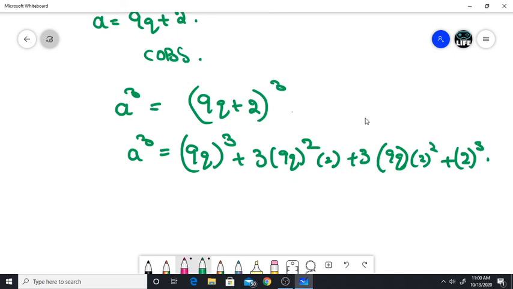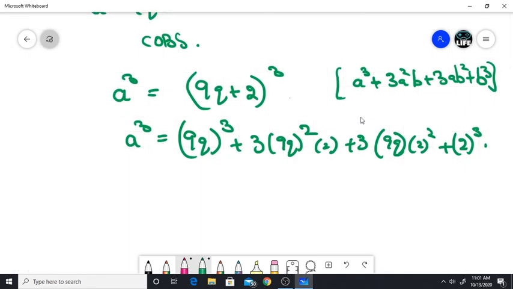It is nothing but a cube plus 3a square b plus 3ab square plus b cube. That's it. It is very simple. Just write it like this and take a cube equals, take 9 as common from the first three.